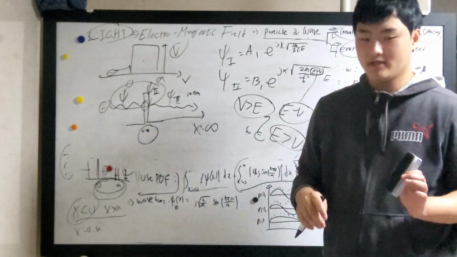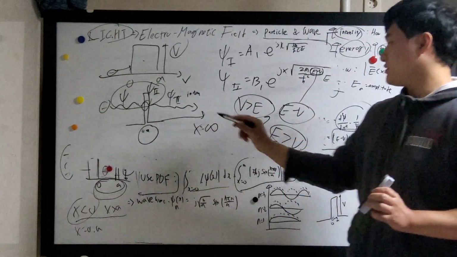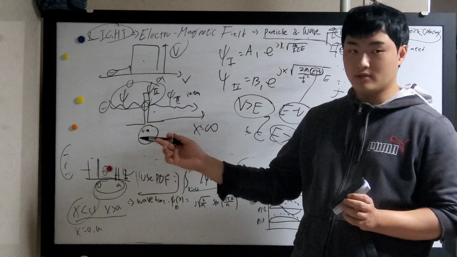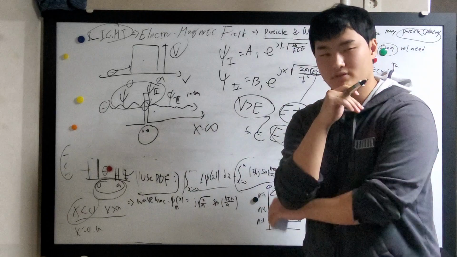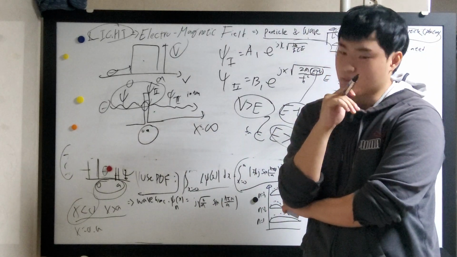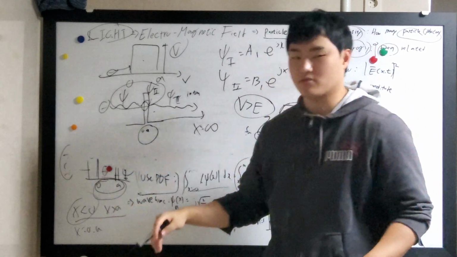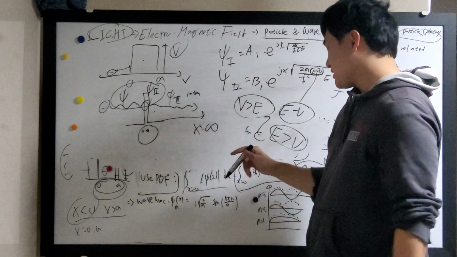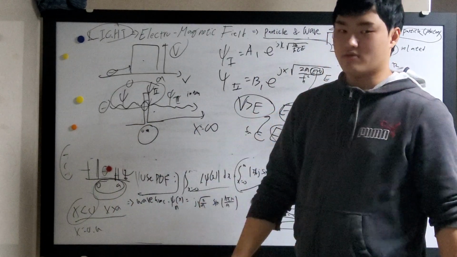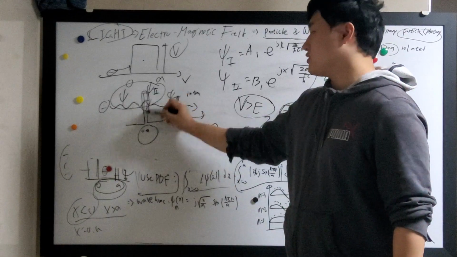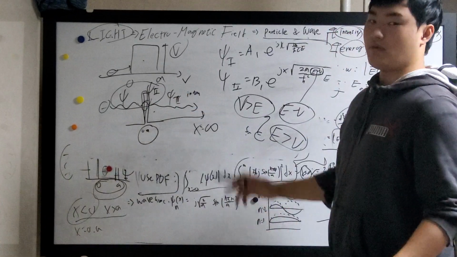But I say the quantum tunneling effect happens here. Even though the energy is not above the potential energy barrier, the electron can pass it. So the lower the wall is, if the wall is shallow, the electrons have a probability to pass.